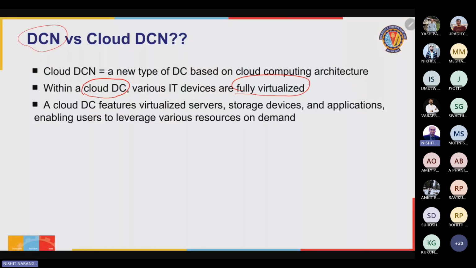Okay, so we are talking about a set of virtualized servers, virtualized storage, virtualized network, creating a cloud data center. Okay, so data center network is what we are going to focus on. The physical data center is what we are going to talk about. When somebody uses this term cloud data center, he's more talking about a data center that is set up using virtualized devices.